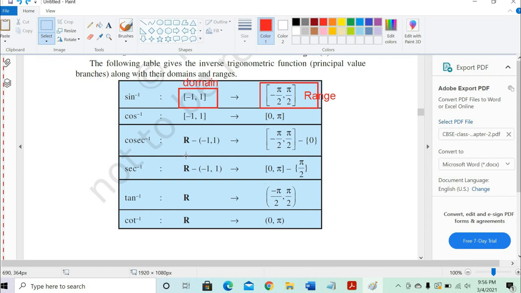Sorry, secant inverse x: the range is 0 to pi, in which π/2 is not included. Excellent. And tan inverse: the domain is all the real values, and the range is -π/2 to π/2, where π/2 and -π/2 are not included.